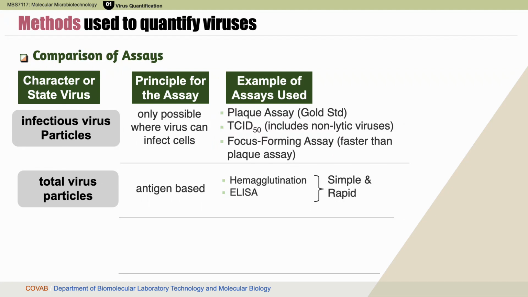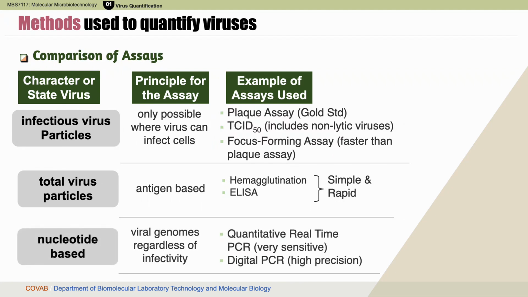The principle underlying such assays is that they're usually antigen-based. Examples are hemagglutination assays or the ELISAs, enzyme-linked immunosorbent assays. And the advantage is that these are very simple and rapid.